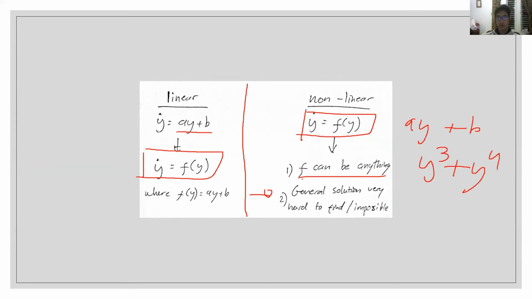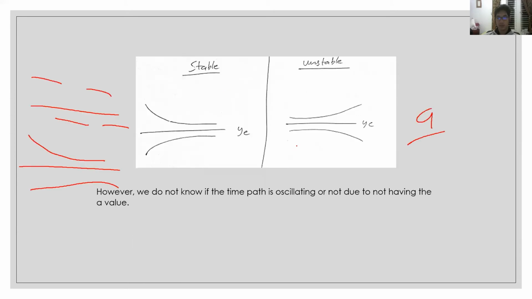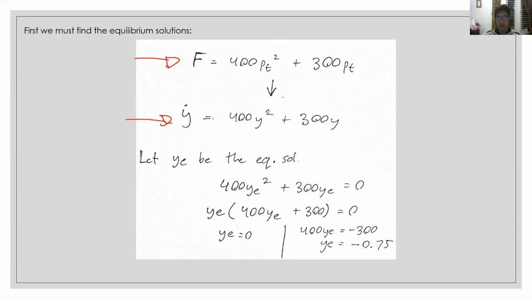From here we can derive the ye solutions of 0 and negative 0.75.